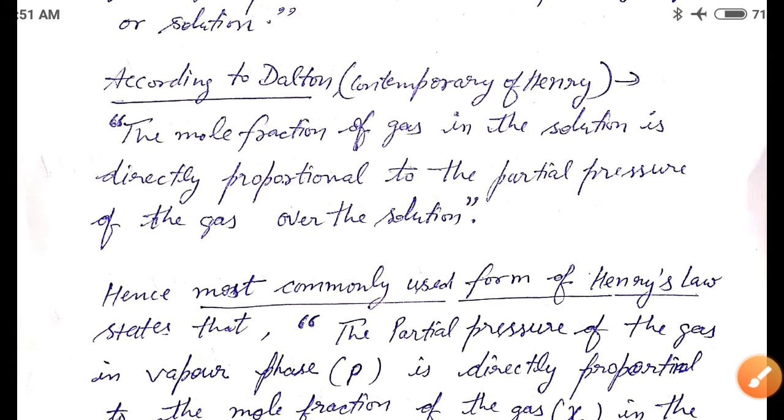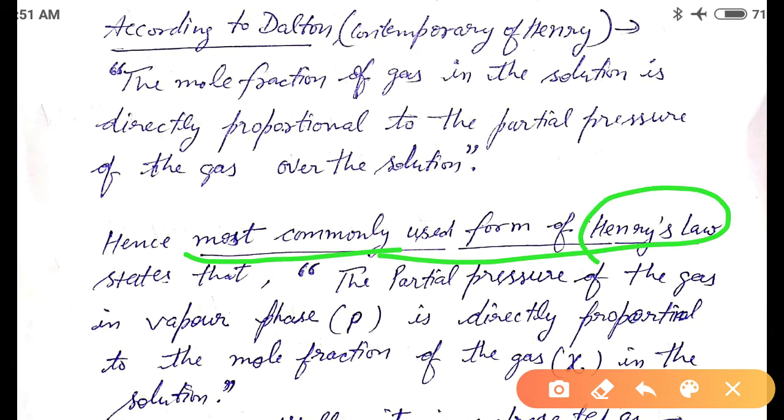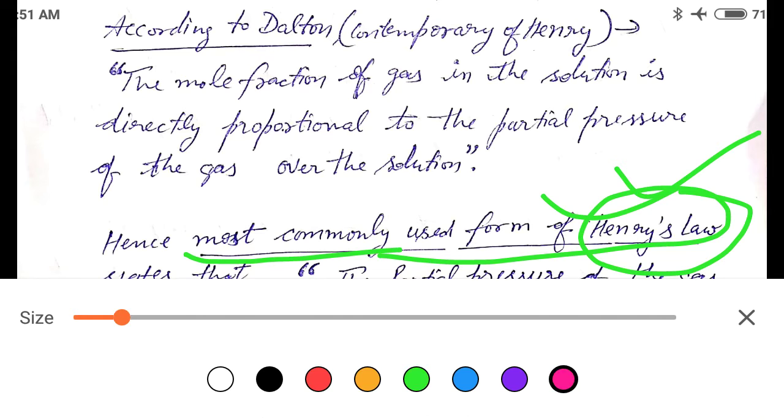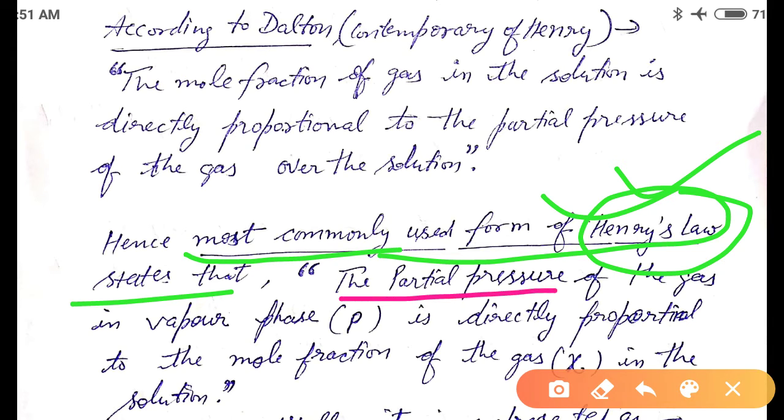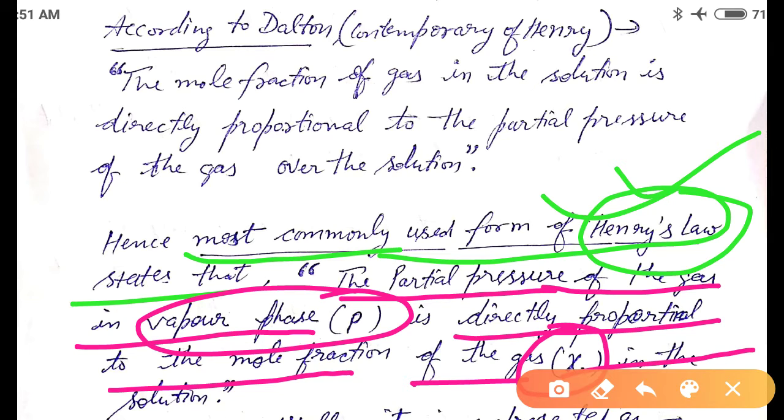Hence, the most commonly used form of Henry's law nowadays states that the partial pressure of gas in the vapor phase is directly proportional to the mole fraction of gas, that is chi, in the solution.